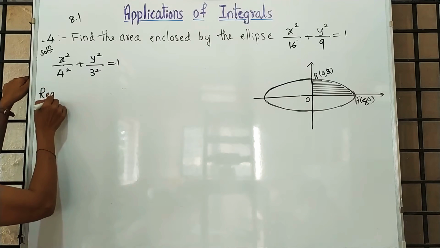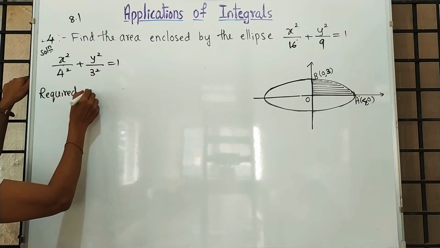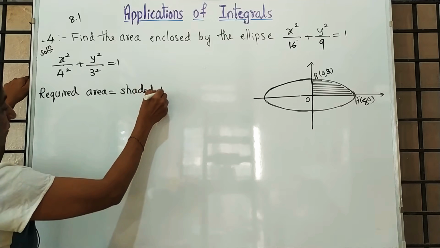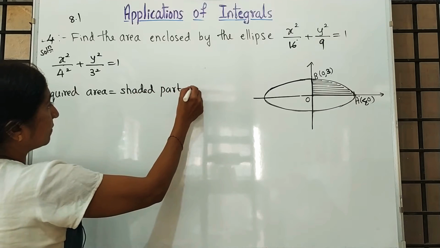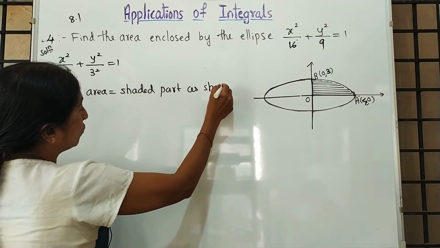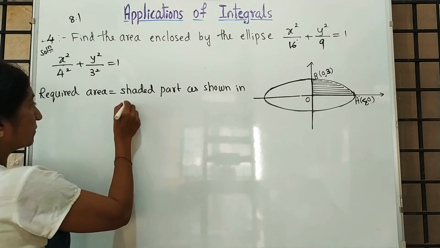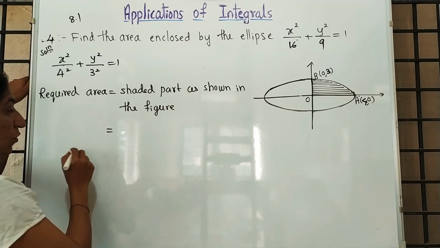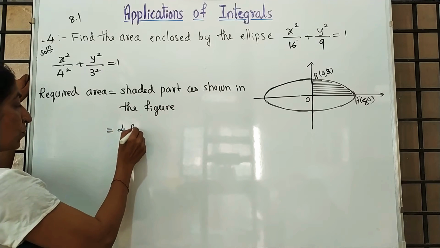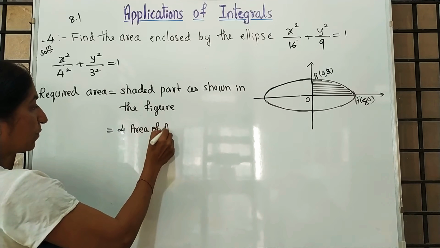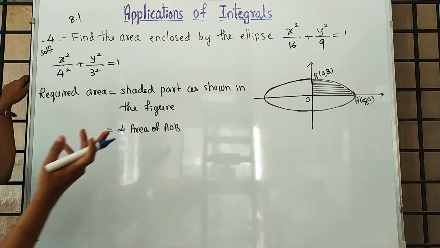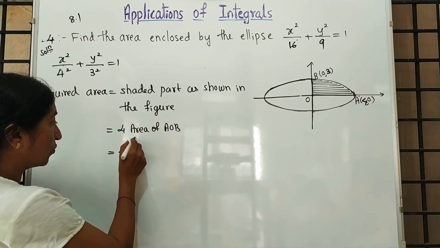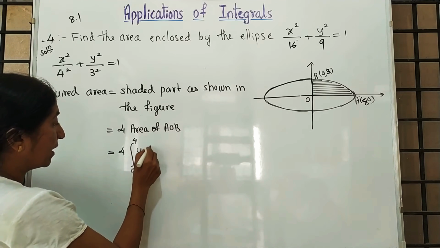Required area is equal to the shaded part as shown in the figure. That is equal to 4 into area of AOB. I think no need to explain. Already you are familiar with the previous example. It is 4 into integral from 0 to 4, upper limit is 4, y into dx.